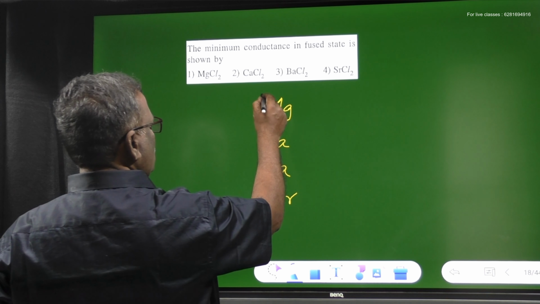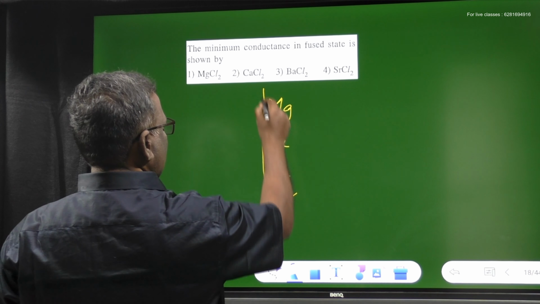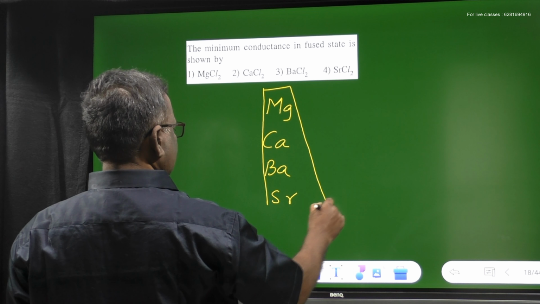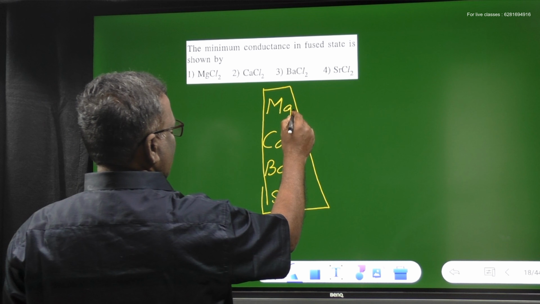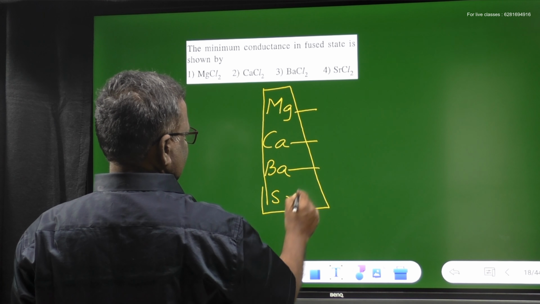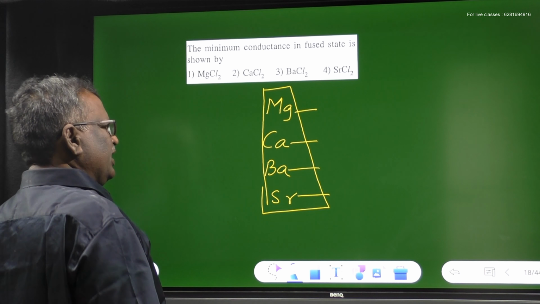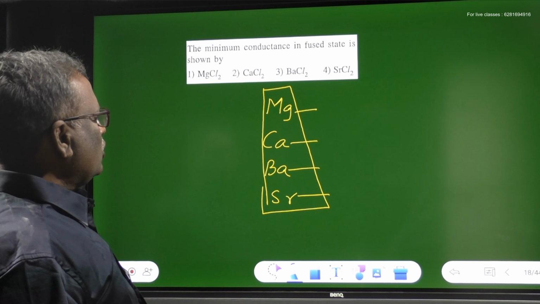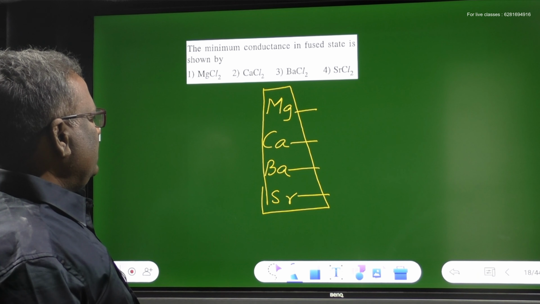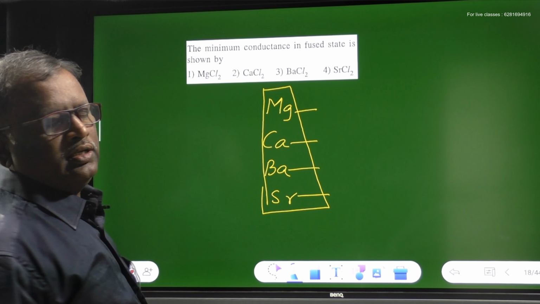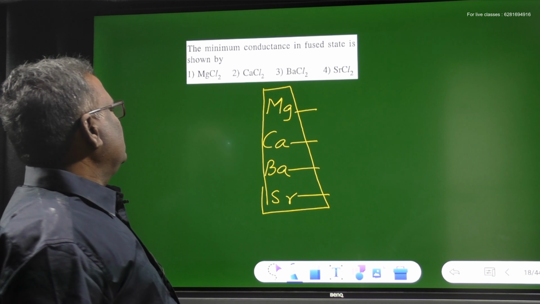If we move from top to bottom, the ionic nature is increasing. When ionic nature is increasing, automatically the ionization will also increase.